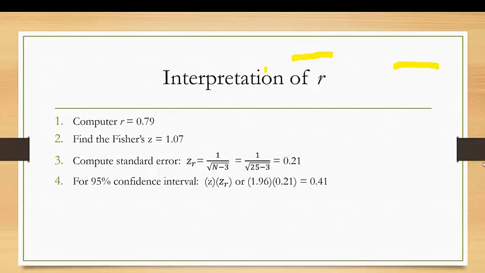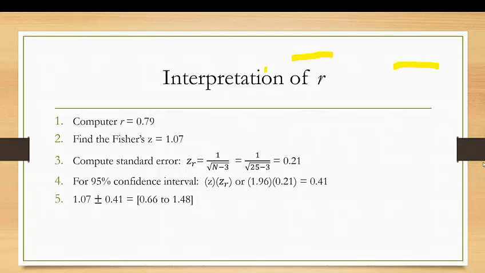At the 95% confidence interval, remember that 95% had a z-score of 1.96, and 99% had a z-score of 2.58. We multiply it by our standard error and get 0.41. The next step is our Fisher z plus and minus 0.41, so it comes out to 0.66 to 1.48.